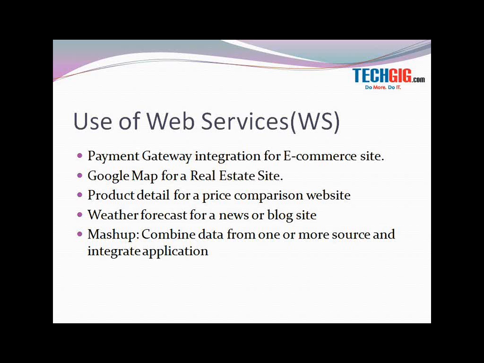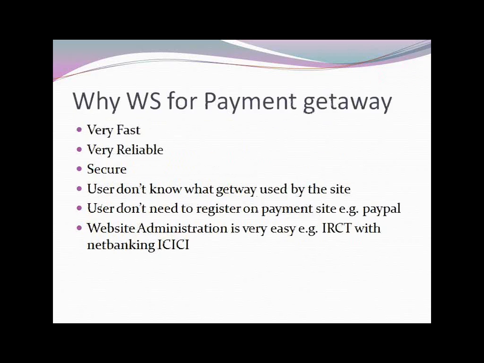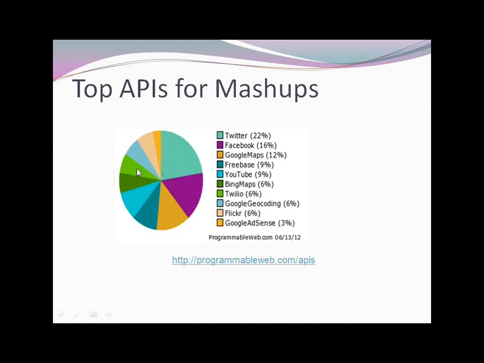Say I have to buy a laptop, I can get the data from different sites, compare it and say yes, this is the best product. So I can give value to my customer instead of building everything again from the beginning. So I can think of these three major applications. There are a lot of applications available in the market that you can build using web services.